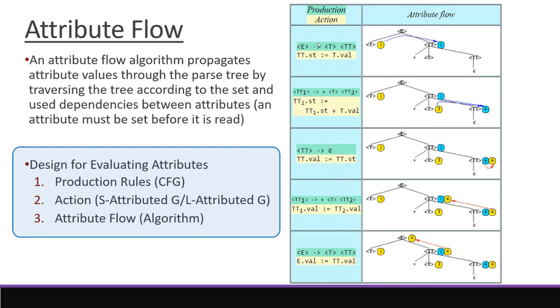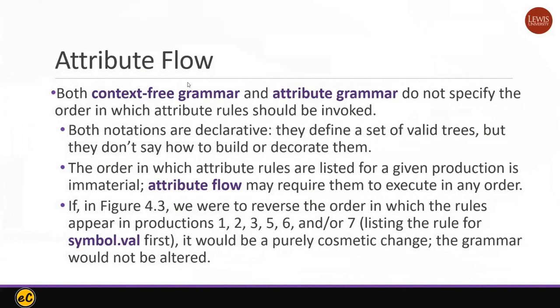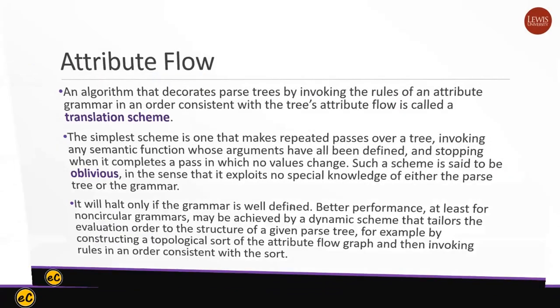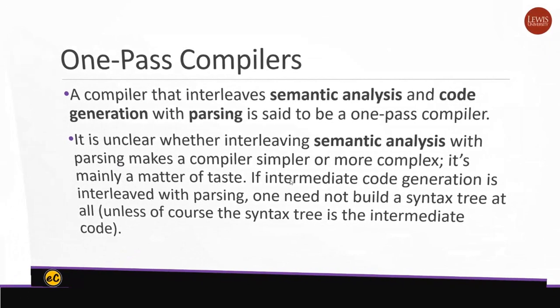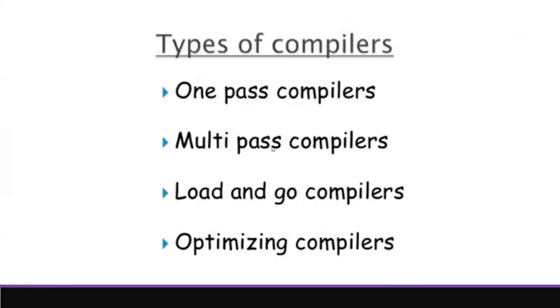If you have the S attribute, the value is going from bottom up, but this one is L attributes evaluation flow. So that's attribute flow. Attribute flow gives you the order in which each value gets processed. It's called translation scheme. So basically, we have such two types of evaluation.